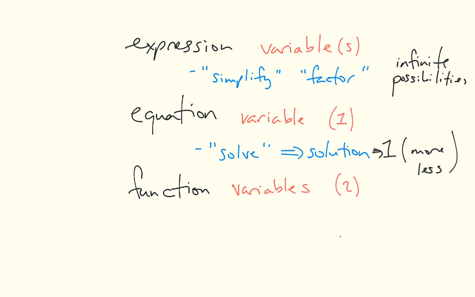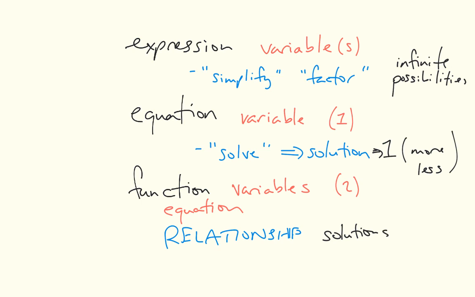Now, in order for a function to be a function, it has to have at least two variables. The ones we're going to look at will have two variables. A function is an equation that defines how the two variables have a relationship. And examining that relationship usually yields solutions, actually an infinite number of solutions.